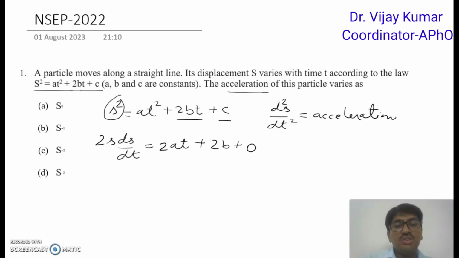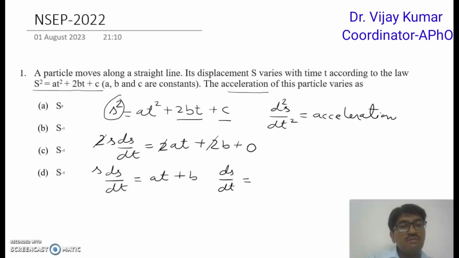Differentiation of a constant is 0, and we can cancel 2, and this equation becomes s ds upon dt equal to at plus b. Now we can write ds upon dt, which means velocity, and this velocity becomes at plus b upon s.